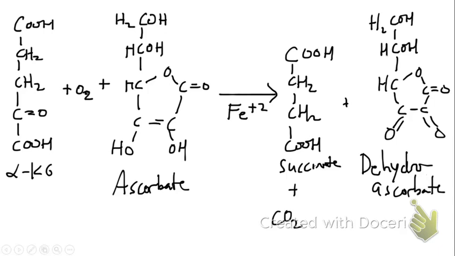When this occurs, this iron stays at plus 2. And so we can prevent this iron becoming iron plus 3 because we have the ascorbate.